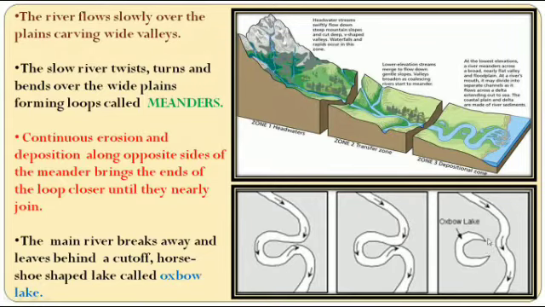This cutout area is known as the Oxbow Lake. It is cut off, that means it is not in touch with the flow of the river. During the rainy season it was there, but after the rainy season it is away from the natural flow of the river. That particular part is known as the Oxbow Lake, which is also in the shape of a horseshoe.